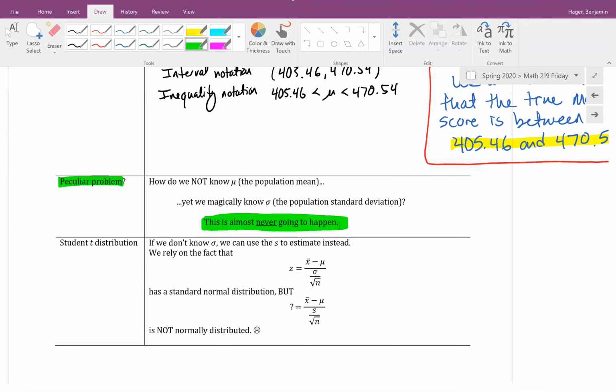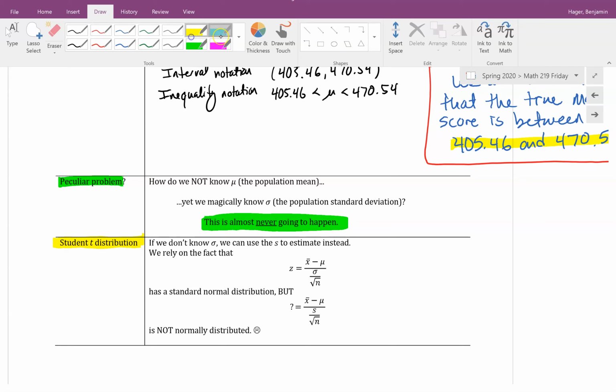So this actually tells us about a new type of distribution. It's called the student t-distribution, and this is actually thanks to Guinness Beer. There was a quality control guy at the Guinness factory who was trying to find how much beer was being bottled. He was trying to estimate a population mean from a sample mean, but he didn't know the population standard deviation.